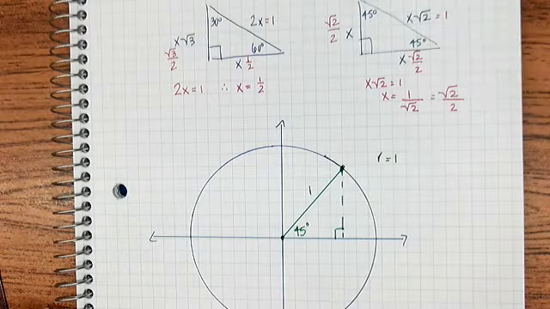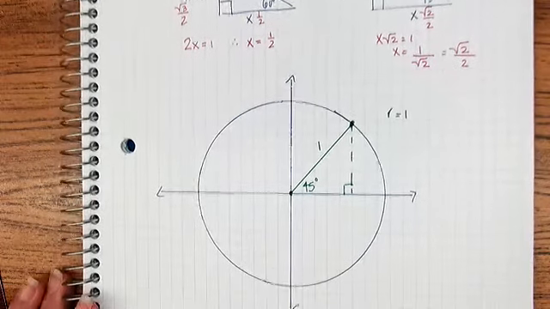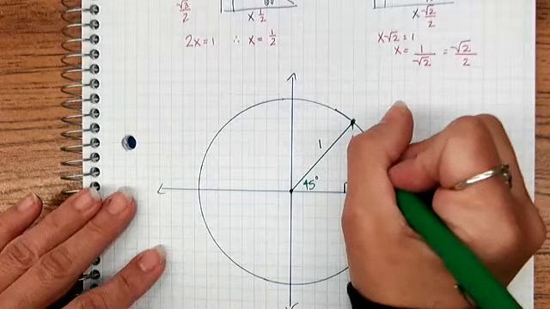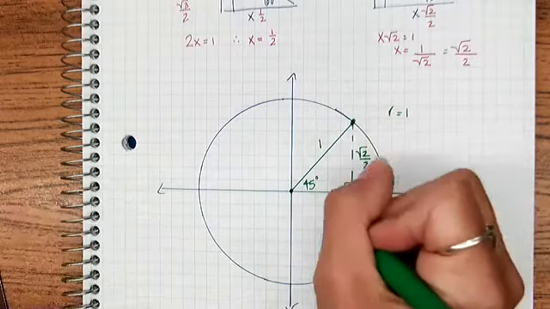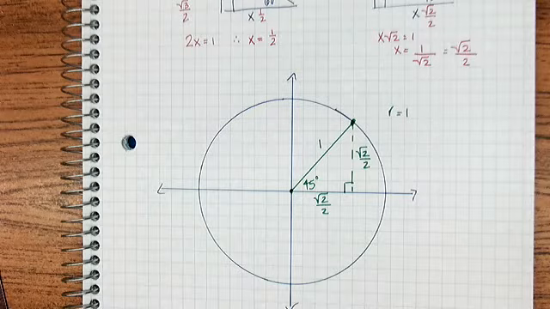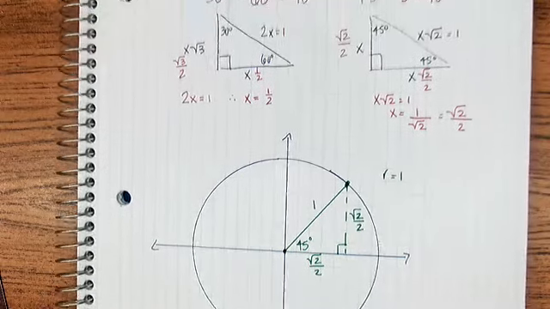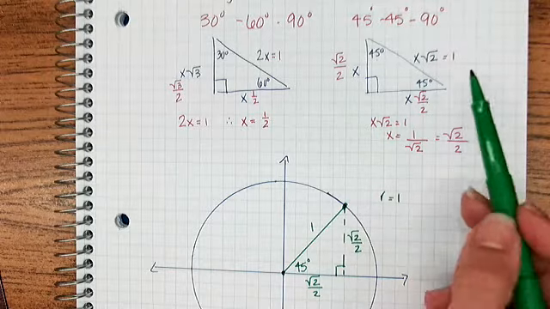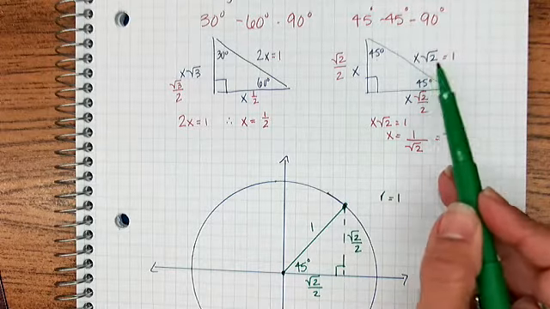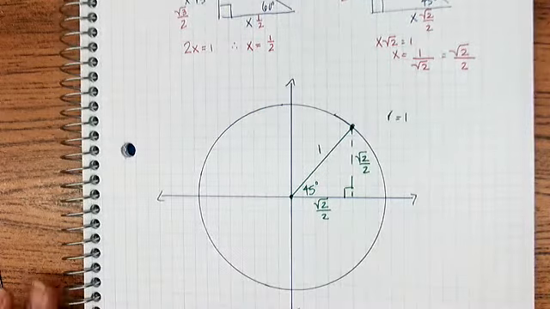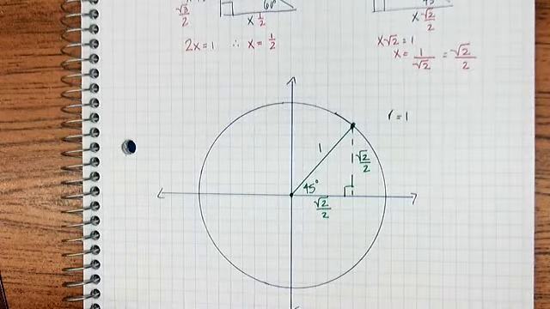I already know the lengths of the two sides. So the lengths of the two sides are going to be root 2 over 2, root 2 over 2. Based on the relationship of x root 2, I told you the hypotenuse was 1. We solved for x, root 2 over 2, root 2 over 2. I just imposed that onto my triangle.